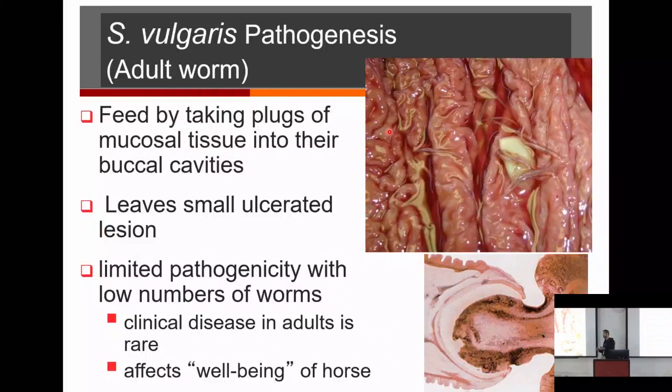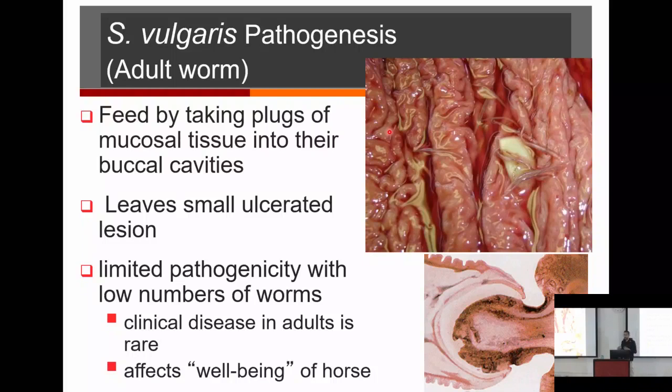Because remember the life cycle, the L4 converts into L5 stage larvae in the mesenteric artery in the case of Strongylus vulgaris, but in the case of Edentatus it is in the liver. They will convert into L5 stage larvae and go back into the intestine. Right? And then in the intestine, the L5 stage larva is the juvenile stage. They'll further convert into adult.